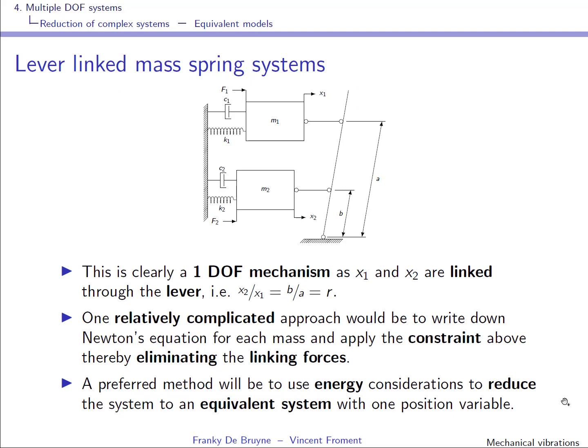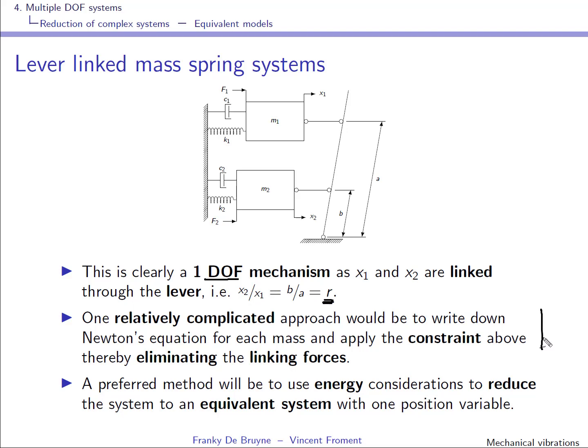Well, the first example that we'll consider is the lever-linked mass spring system. This system has 1 degree of freedom. Although there are 2 masses, clearly the 2 position variables x1 and x2 are linked through the lever, in the sense that the ratio x2 over x1 is b over a, which is the lever ratio.